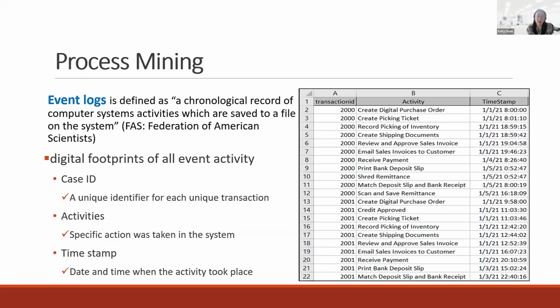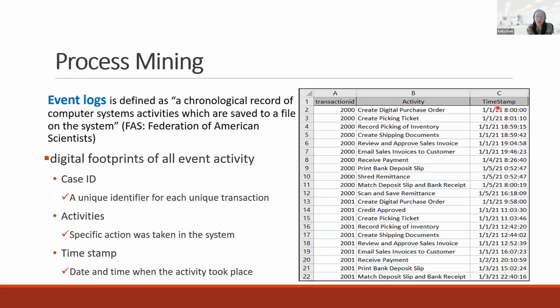On the right-hand side of the slide, you can see an example of an event log. For example, for the first transaction ID, 2000, the company creates various documents. What we call the activity here includes create digital purchase order, create picking tickets, and so on.